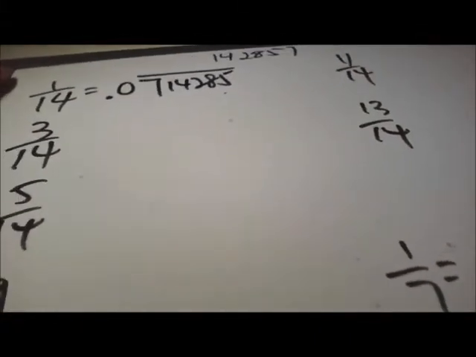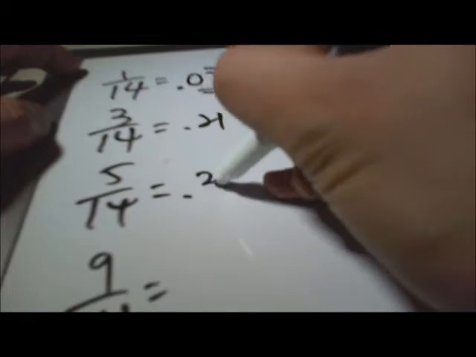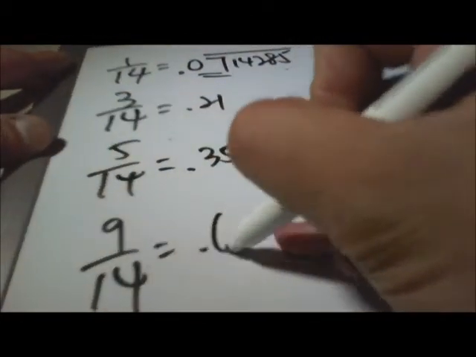Now let's look at this here. 3/14 is 3 times 1/14. So take 3 times 7 here, you get 21. The 5 times 7, you get 35. The 9 times 7, you get 63.